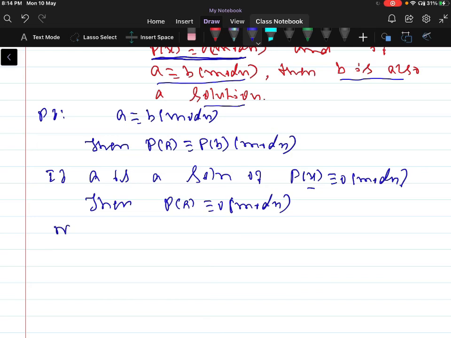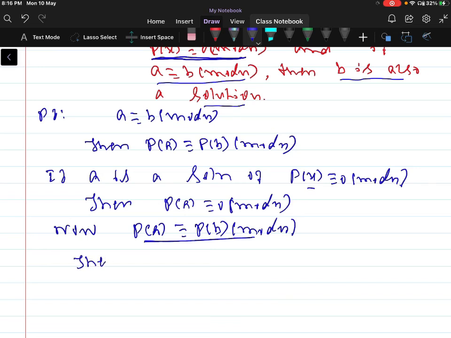Now p of a is congruent to p of b modulo n. Since congruence is symmetric, we can write p of b is congruent to p of a modulo n. And we know that p of a is congruent to 0 modulo n.